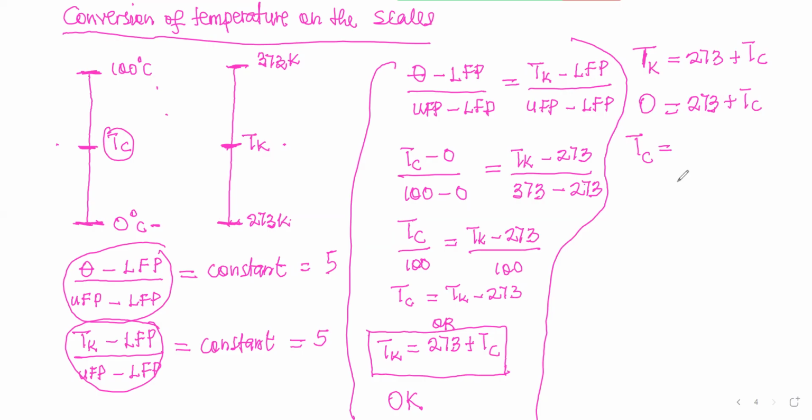TC will be equal to negative 273 degrees Celsius. So 0 K is equivalent to negative 273. That's all.